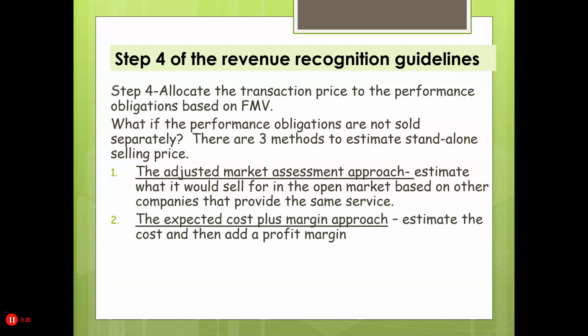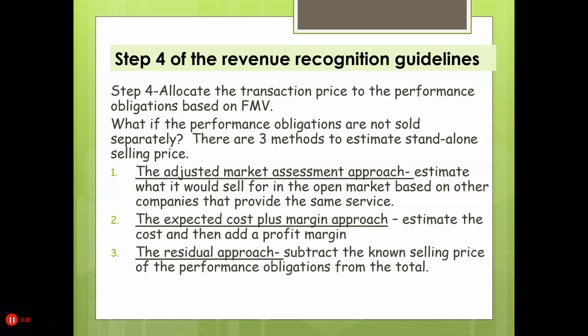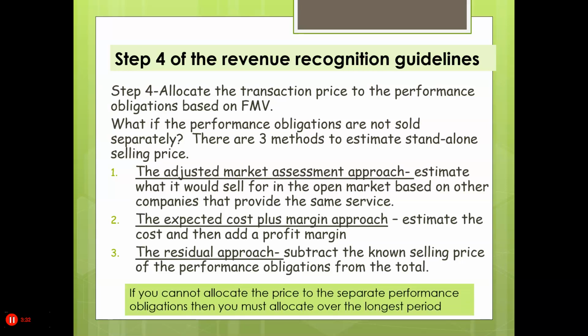The expected cost plus margin estimates the cost and then adds a profit margin, and the residual approach, which means you use what you know. So we'll walk through all 3 of those. Now, if you cannot use any of these, what you have to do is allocate the revenue over the longest period.